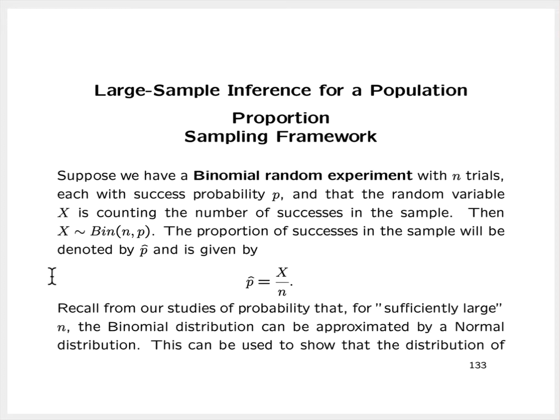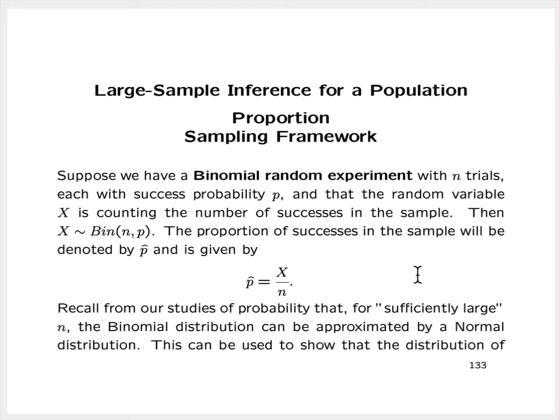Then we know that the random variable x has a binomial distribution with n trials and success probability p. Now the proportion of successes in the sample will be denoted by p hat and is given by the ratio of the number of successes in the sample to the total number of trials.